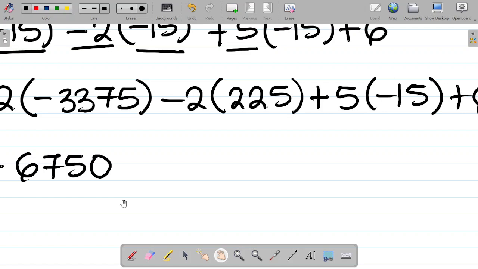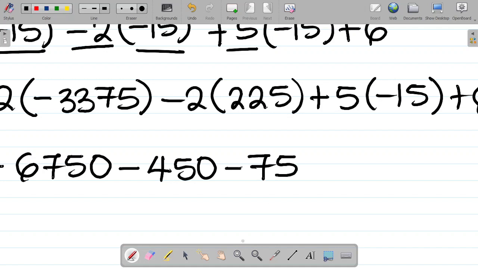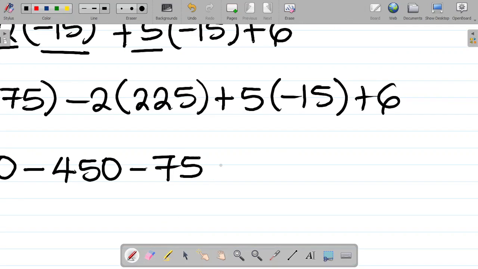Again, minus 2, open a bracket, type 225, close the bracket. What you have there is minus 450. Then open a bracket, type 5, open a bracket, type minus 15. That's 5 times minus 15. You have your answer as minus 75. Then finally, you now have plus 6.